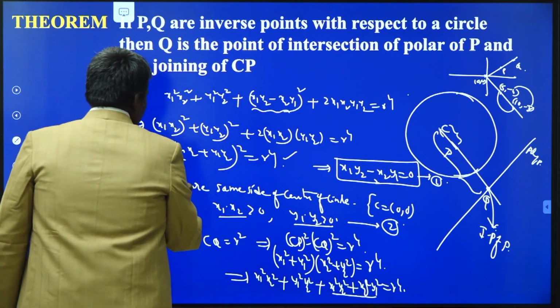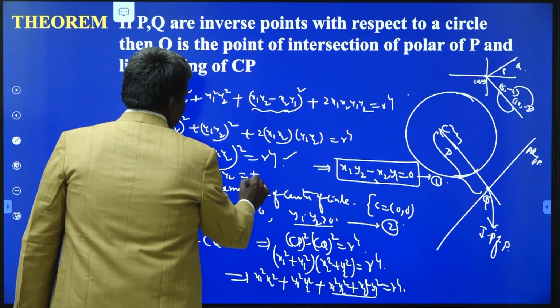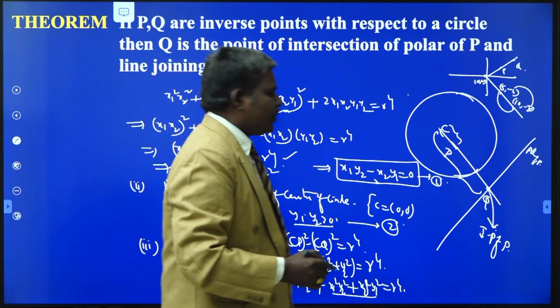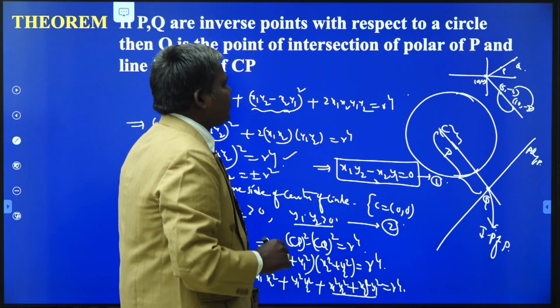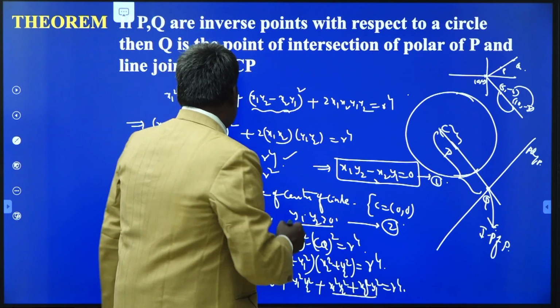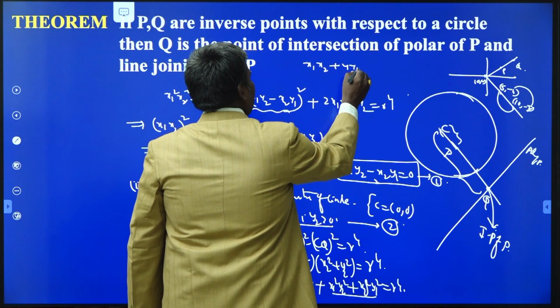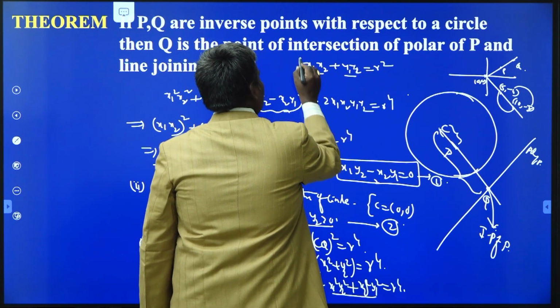So x1 x2 + y1 y2 is plus or minus r square. But x1, x2, y1, y2 are all positive, so you have to take plus r square. What condition do you obtain? x1 x2 + y1 y2 is equal to r square, because both are positive.